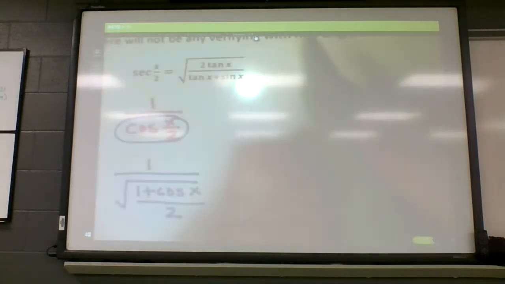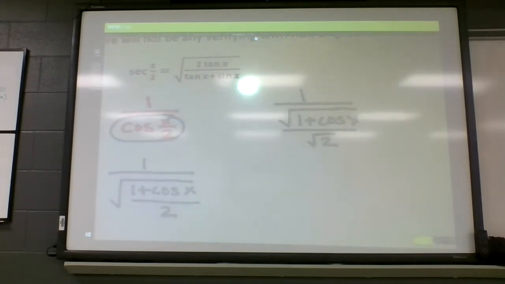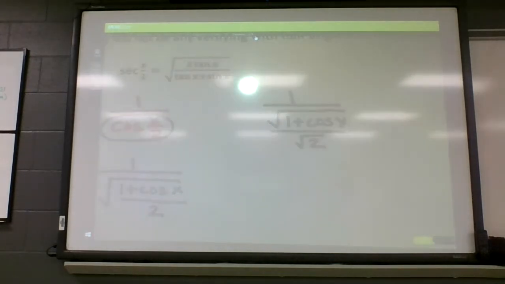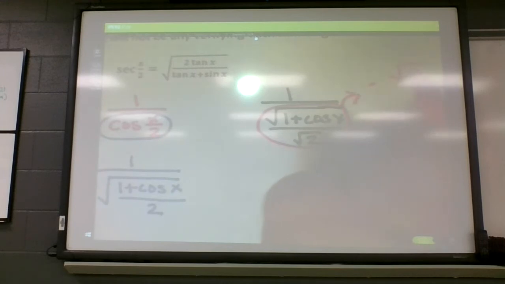Let's see what happens. So this would be 1 over the square root of the top over the square root of the bottom. Now could you flip and multiply? Yeah. So we would take this guy, and he would come up and be multiplied, and when we flip it, it'd be the square root of 2 over the square root of 1 plus cosine of x.